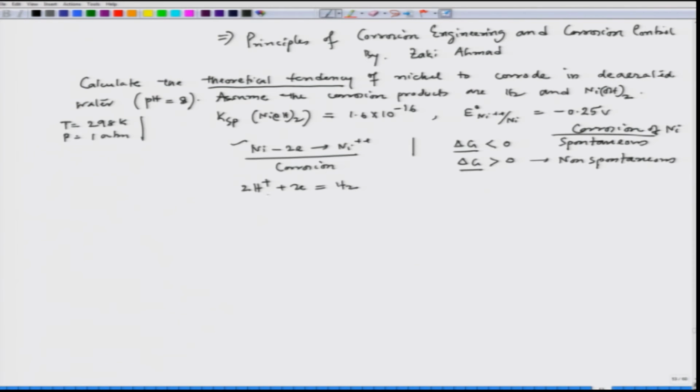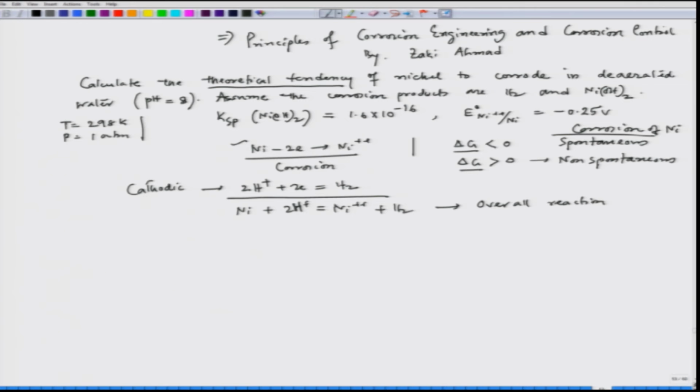Now if I add them, then it becomes Ni plus 2H plus goes to Ni plus plus H2. This is my overall system reaction. That means there is an equivalent cathodic as well as anodic reaction.